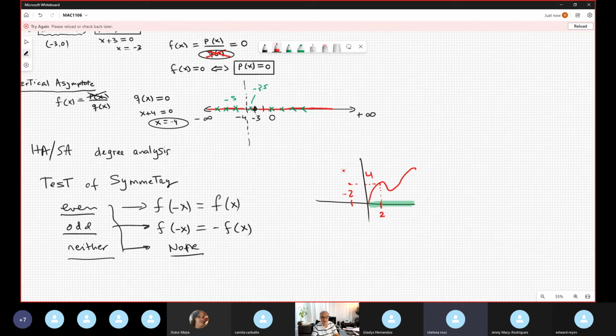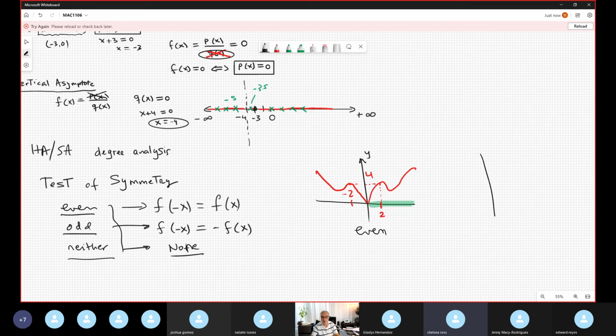So basically, you don't need to repeat this computation in the negative part and the positive part, because the function, I know, is symmetric with respect to the y-axis. This is classical even.